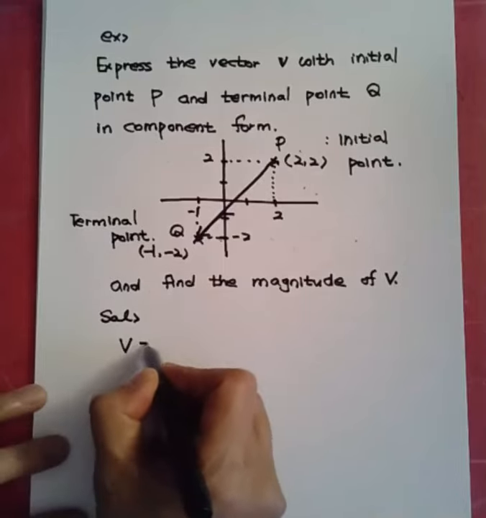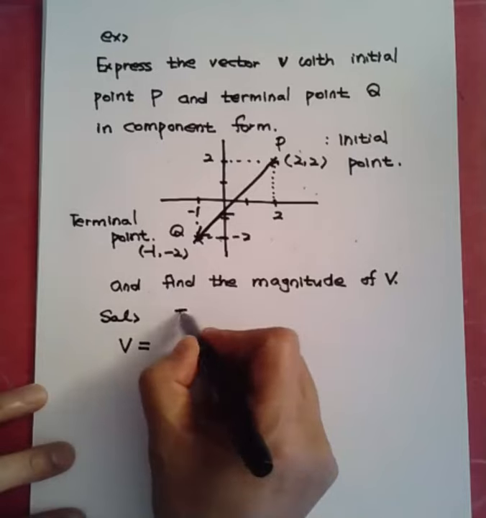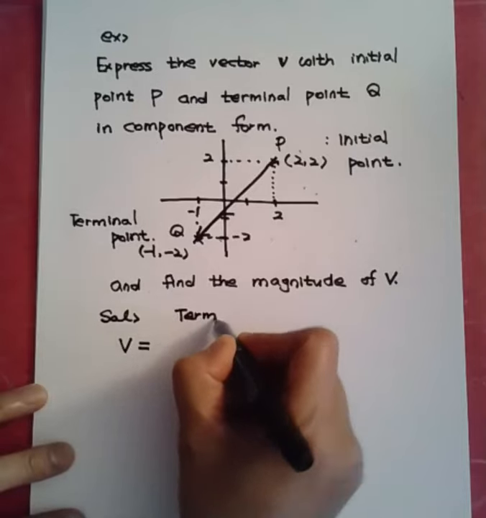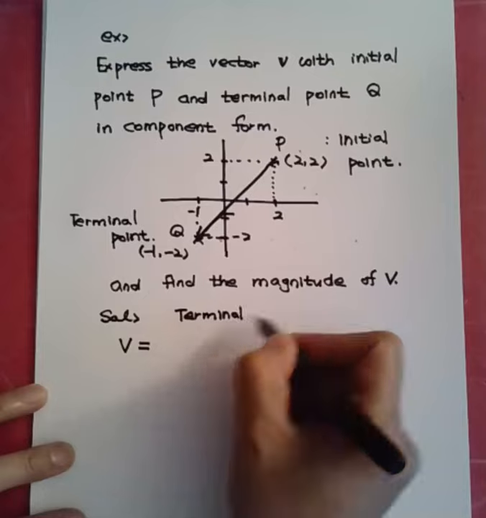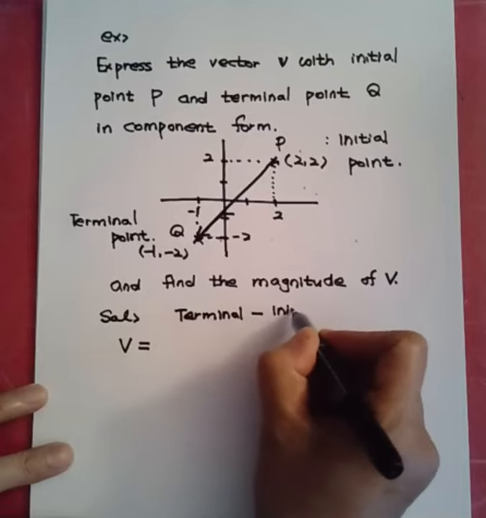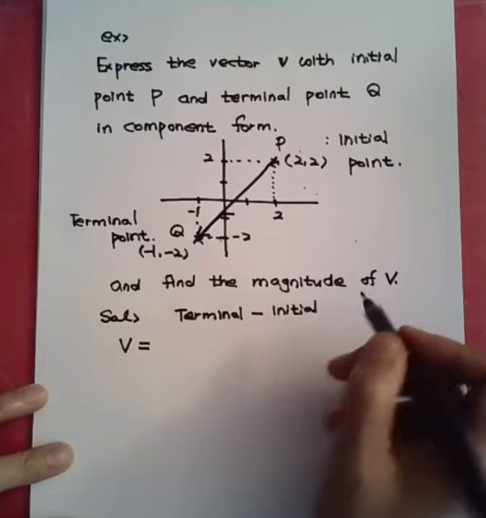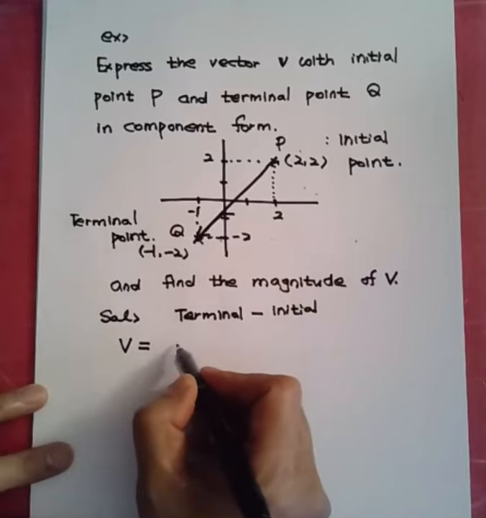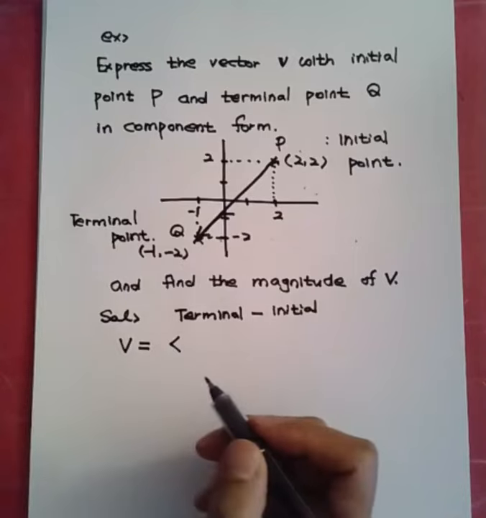So the component form of the vector will be calculated from terminal point minus initial point. Component-wise, we have to use this arrow notation.